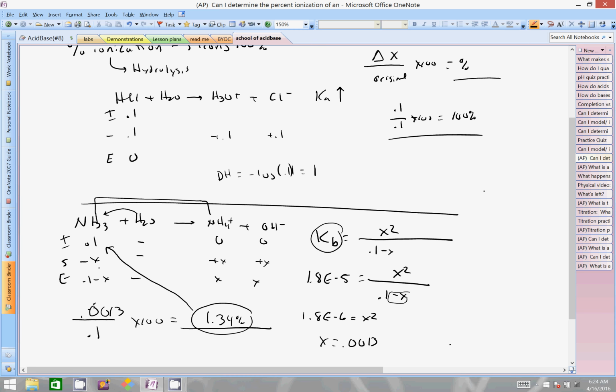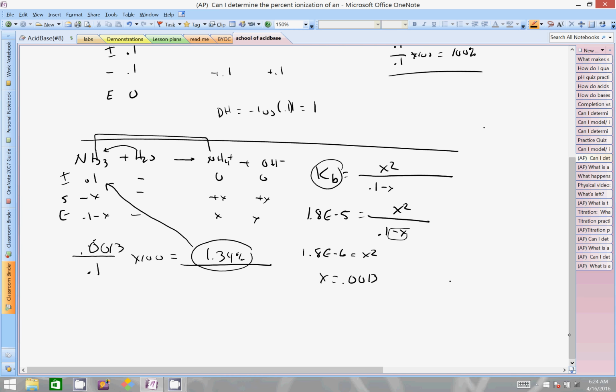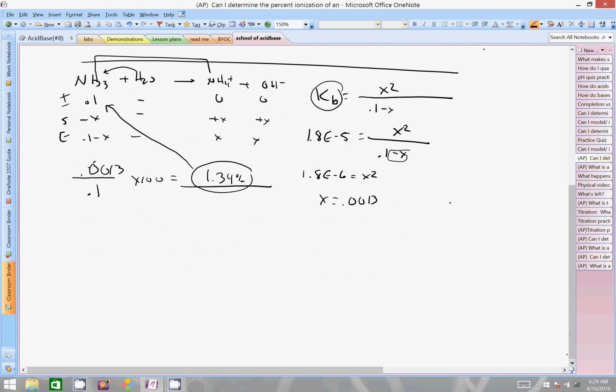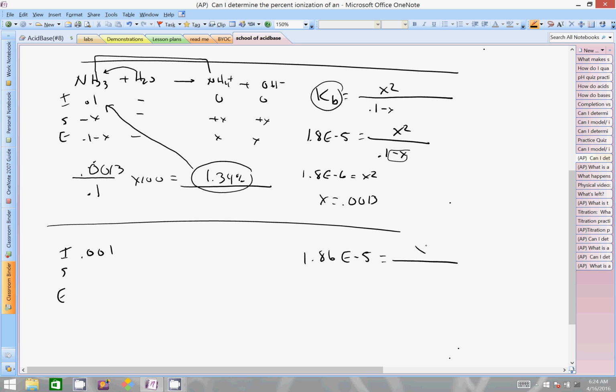Let's try an example of that quickly. See, as we have unlimited time here. Let's just do it. Same thing: initial, stoichiometric ratio, equilibrium. Let's do 0.001, so quite a bit more dilute. Just following through the math, 1.8 e to the negative fifth equals x squared over 0.001, using the shortcut already here.